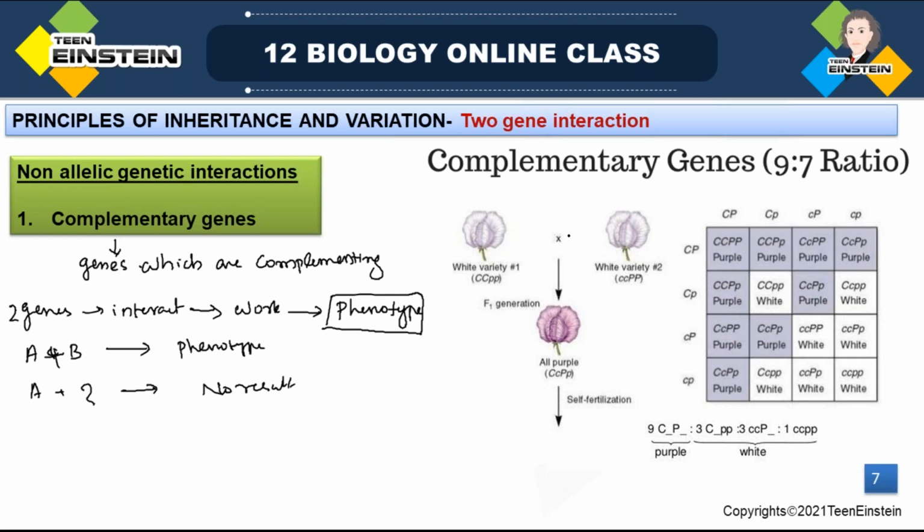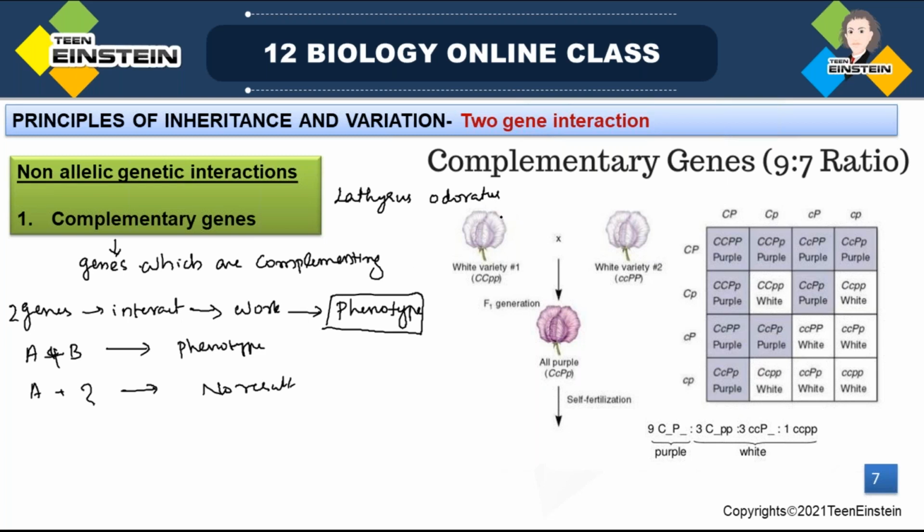Here you can see the example of the purple color flower of sweet pea. This is the complementary gene interaction example. The purple color flower of sweet pea, the scientific name is Lathyrus odoratus.